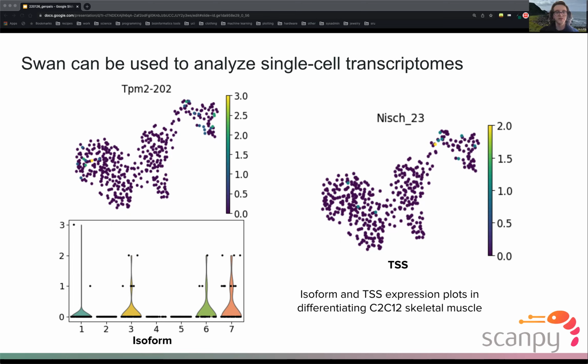Can you use Swan on short read data? Yes. So you can use Swan on short read data. Obviously, Swan was motivated for use with long read data, but if you can generate a GTF transcriptome as well as a transcript level abundance matrix or counts matrix of your short read data, you can use it with Swan.